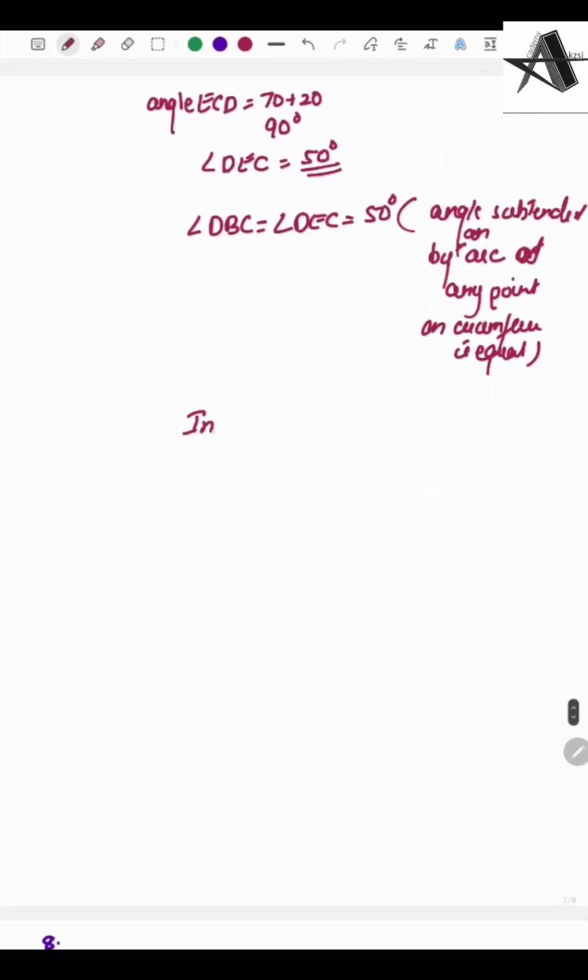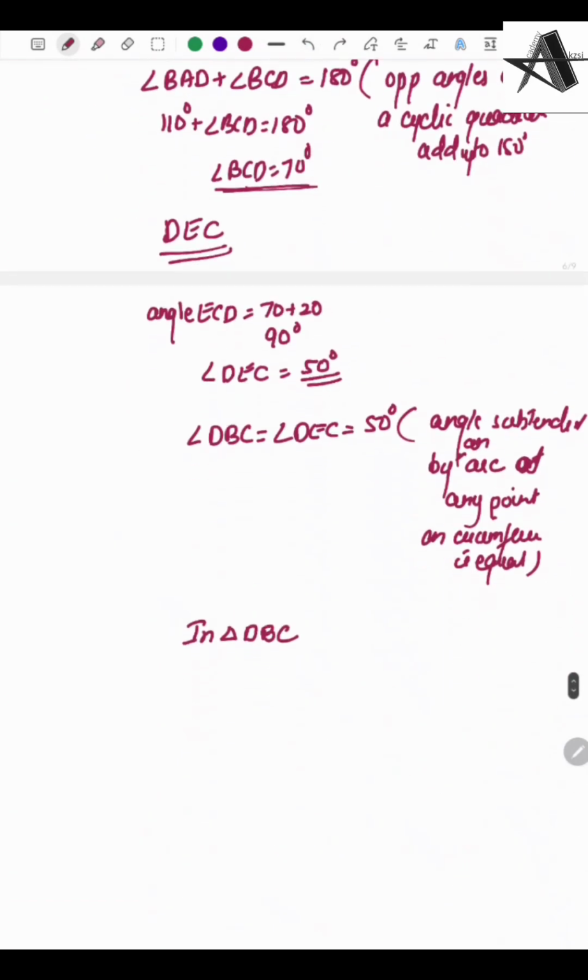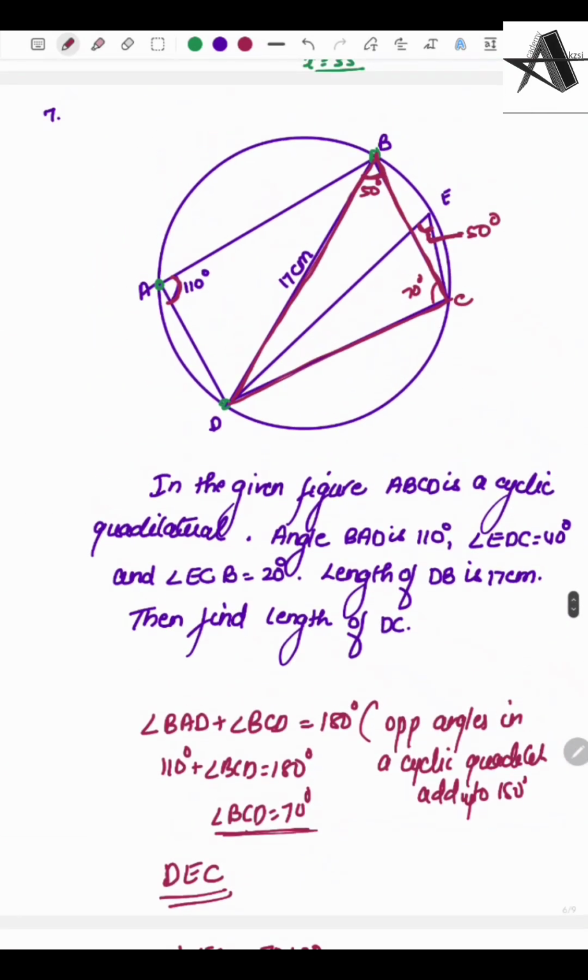In triangle DBC, applying the sine rule, sine of angle 50 over the side which is opposite to it, that is DC, is equal to the side which is given, DB, and angle, that is sine of angle 70 over the opposite side.